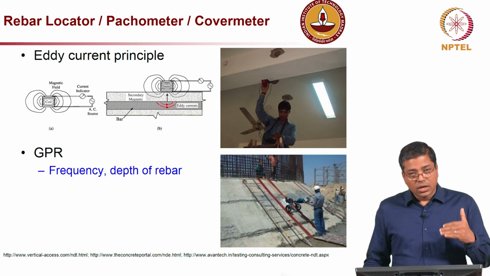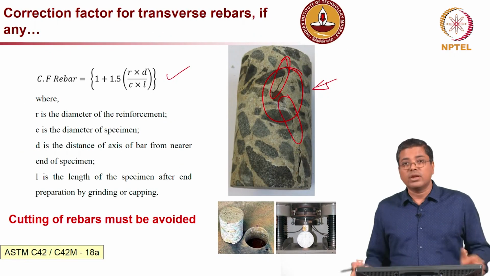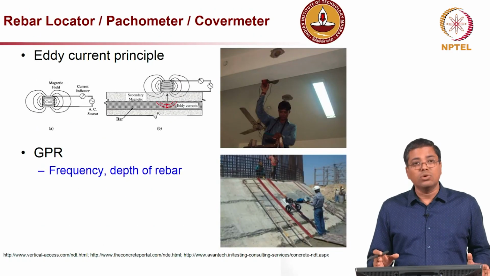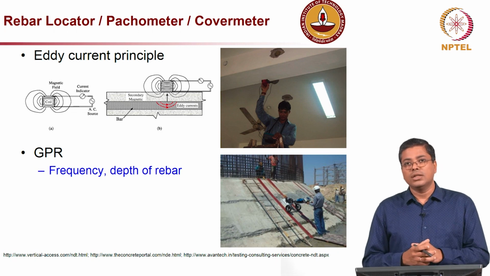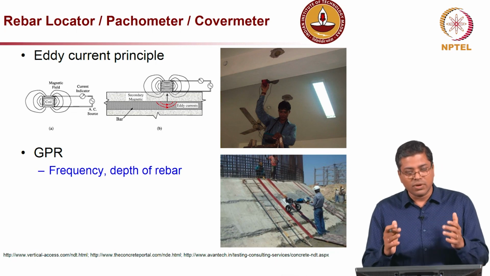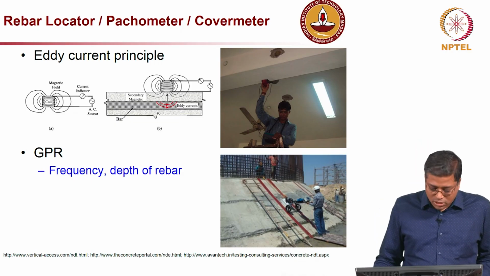And also when you have rebars, it is important to ask: how do we avoid this? How do we avoid cutting the rebars? What we can do is, there are instruments available which can detect the location of the rebar, and there are even instruments which can tell you the approximate diameter of the rebar.